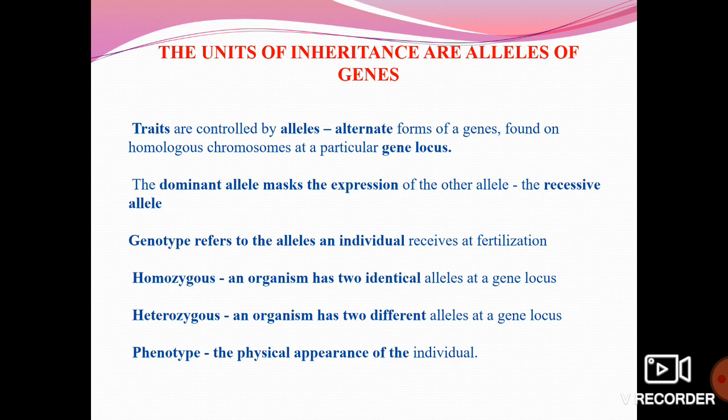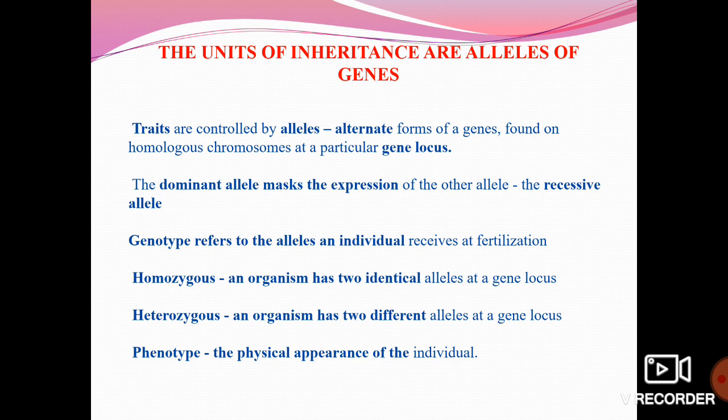Now, when we talk of dominant and recessive, let me give an example. If we talk about the character length, we are not talking about 4 feet or 6 feet, we are talking about length.